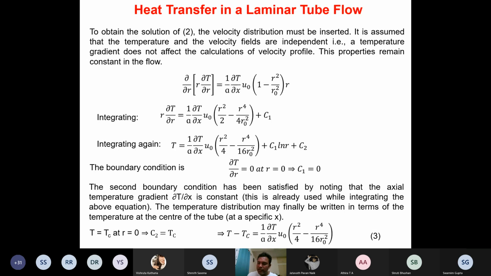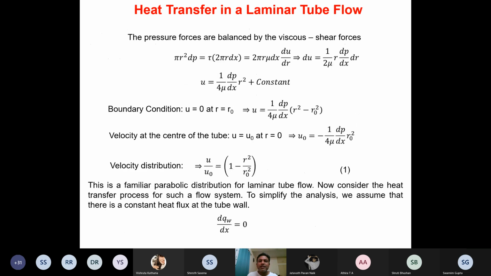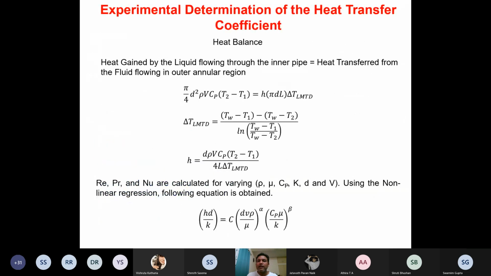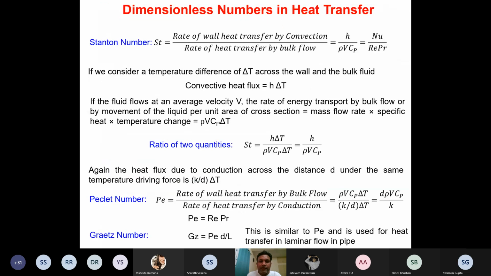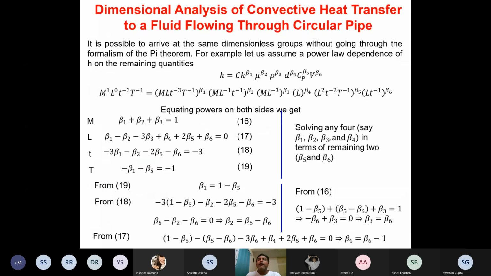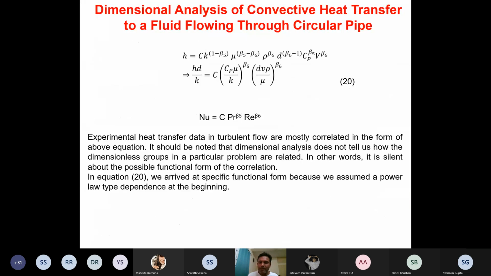Based on that, we said that instead of doing this, people have done dimensional analysis and found the different dimensionless numbers which affect the heat transfer coefficient. Once we know which dimensionless groups are important for a particular problem, different correlations are formulated based on these dimensionless numbers.